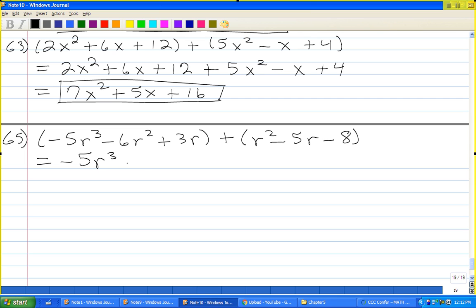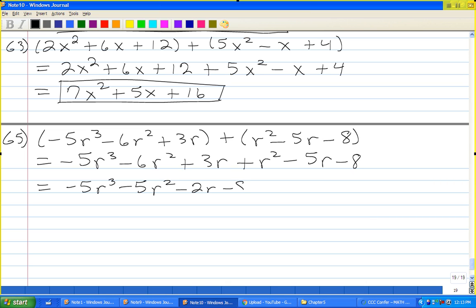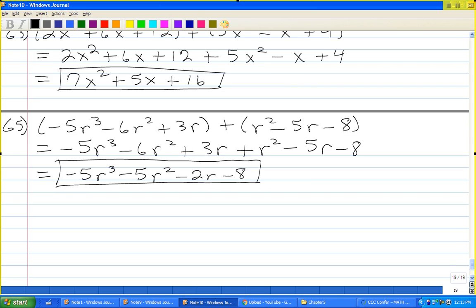Minus 5r cubed minus 6r squared plus 3r plus r squared minus 5r minus 8. So I just have minus 5r cubed, minus 6r squared plus r squared is minus 5r squared, 3r minus 5r is minus 2r. Then I just have minus 8. So that's the sum of these two polynomials.